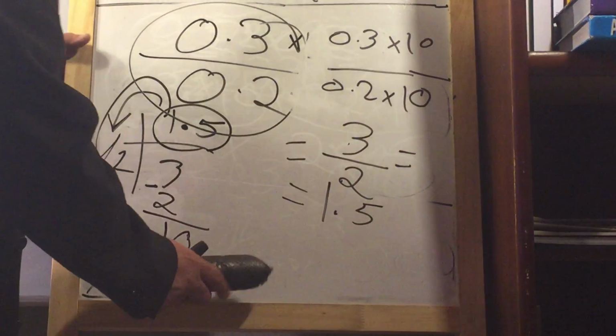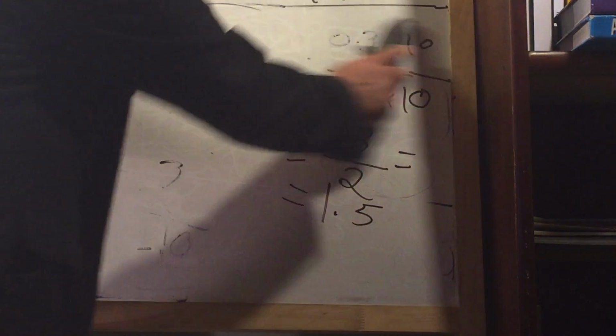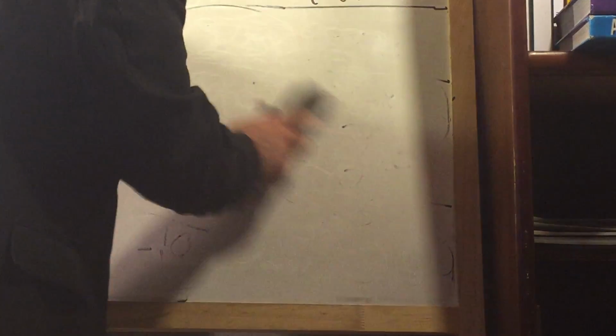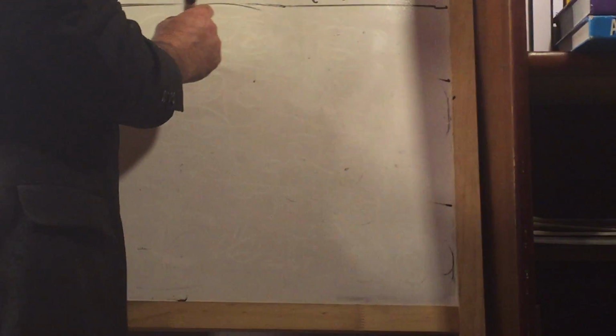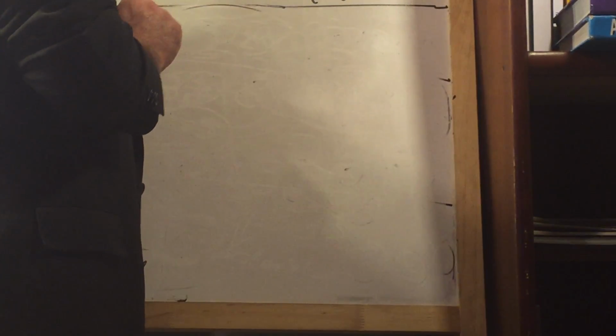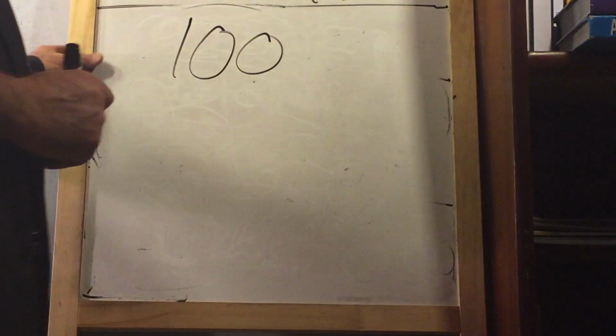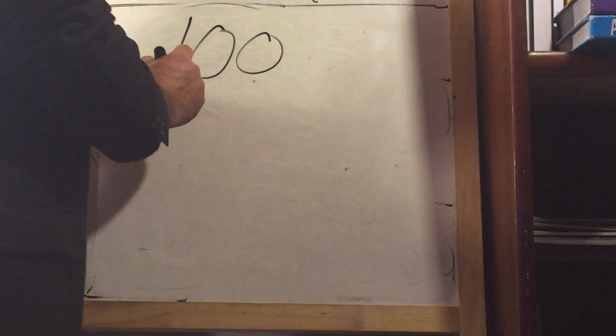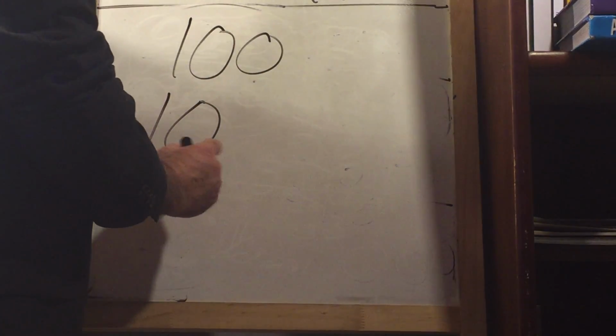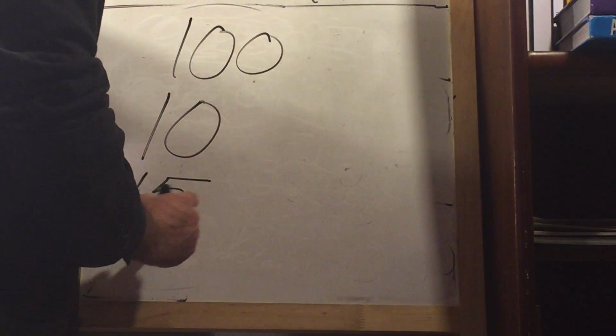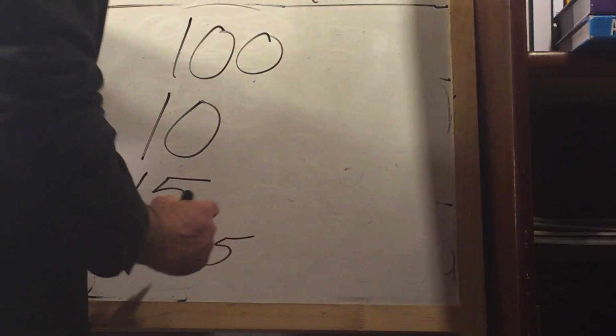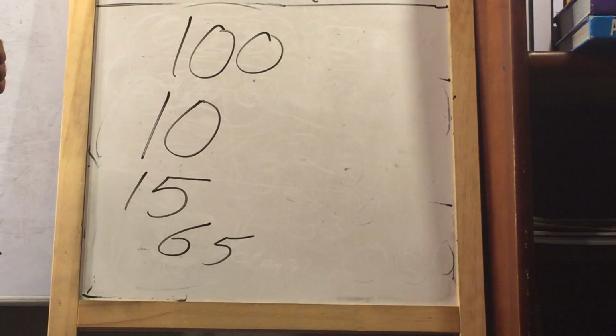Okay, a couple of notes I need to show you. First note is any number has a decimal point. 100 has a decimal point. You see it like this, 100. You see it like this, 10. How about 15? How about 65? All of these have a decimal point. But to make it easier, they don't usually put it in actual numbers.